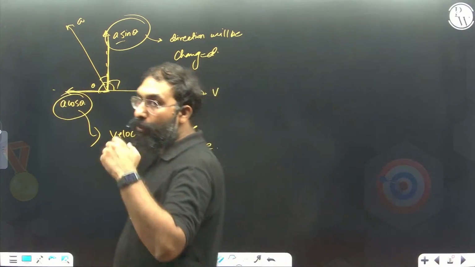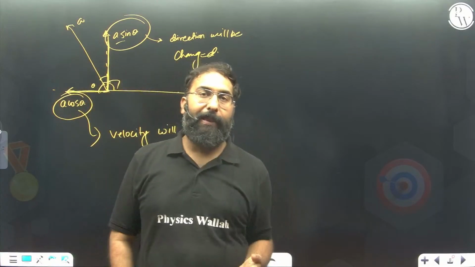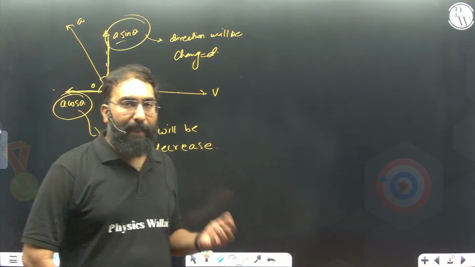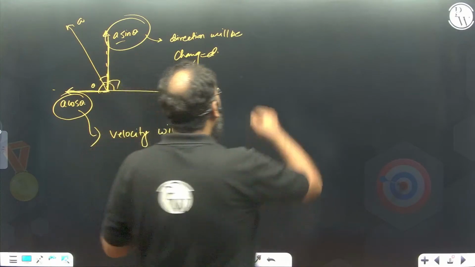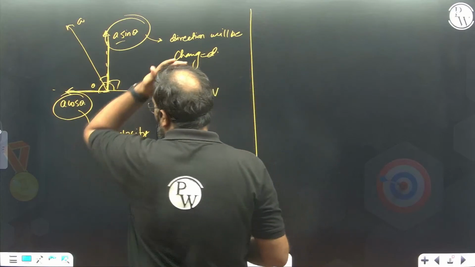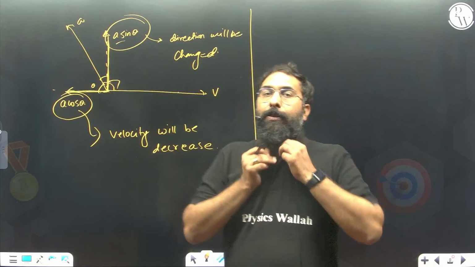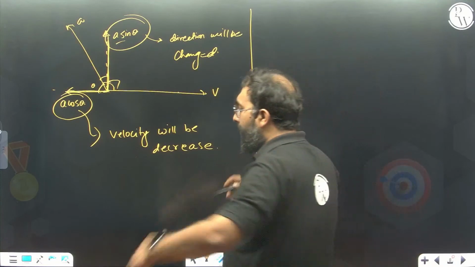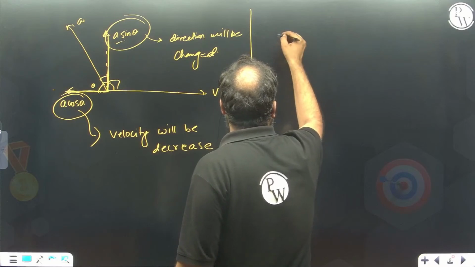So now we have understood all these scenarios, whenever you have the velocity and acceleration at some angle theta. After understanding all these concepts, we take the first case to be constant acceleration.